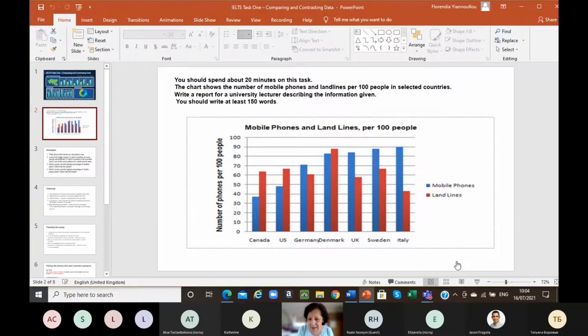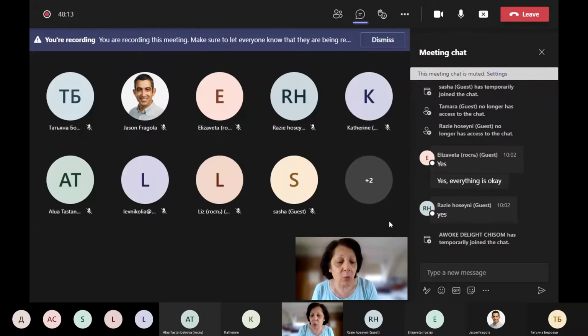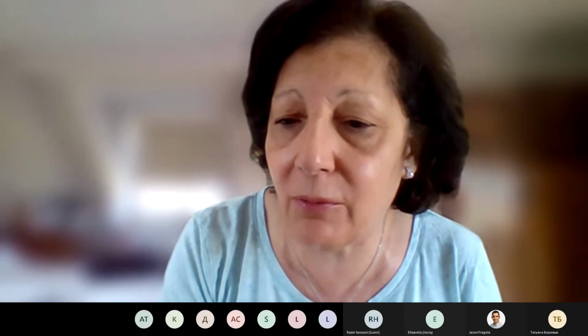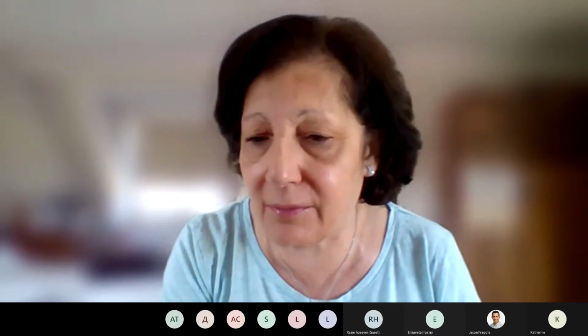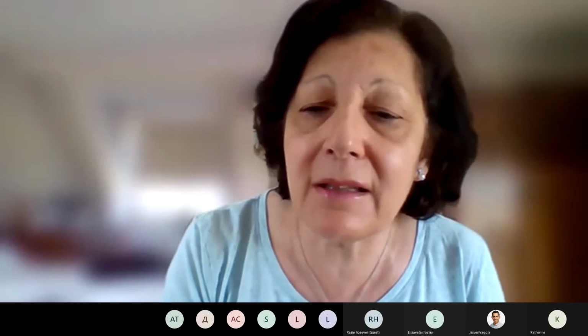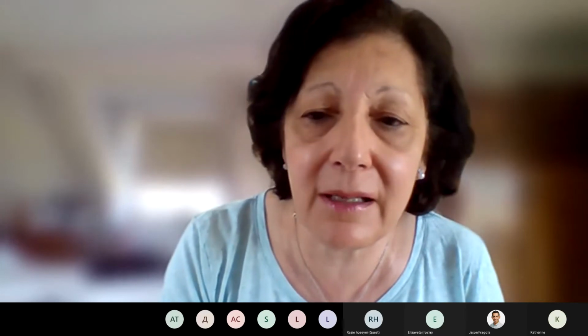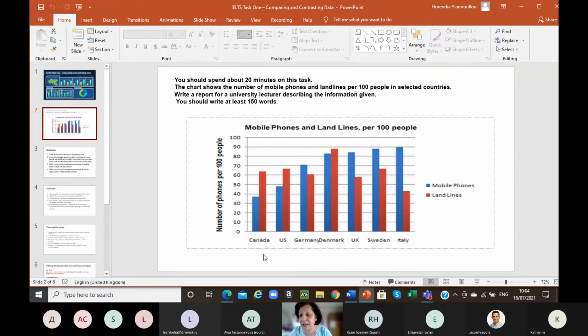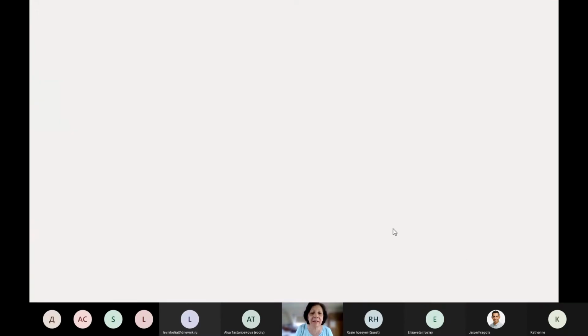Now, I need to get someone to speak to me and tell me, what do you see? What's the first impression that you get when you see this graph? Can anyone tell me what you see? Anyone? Let's get some names here.